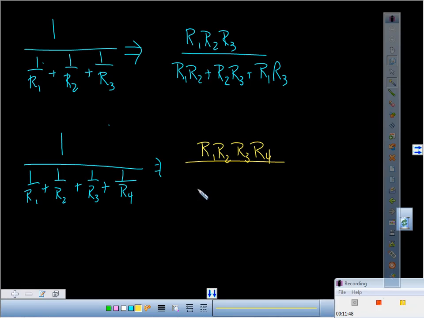Guess how many combinations of these 4 I can make of 3? Guess how many of them? 4. That's all you can do, people. Okay? So I'll start it off. I'm going to make the first one. R1, R2, R3. Plus, tell me another one. R1, R2, R4.